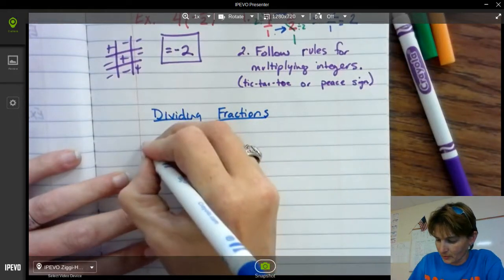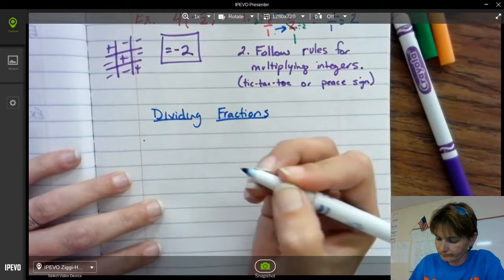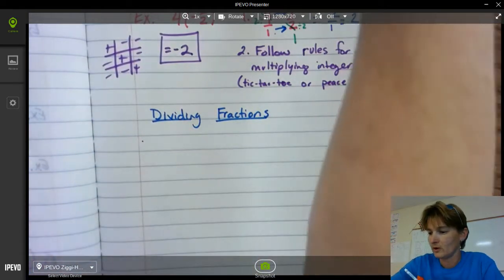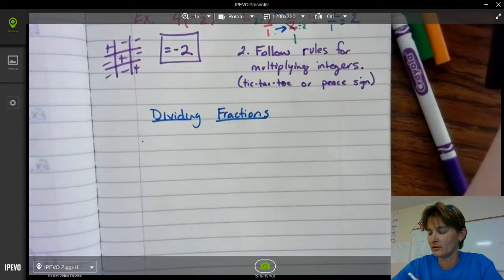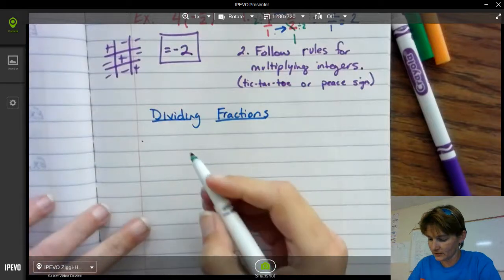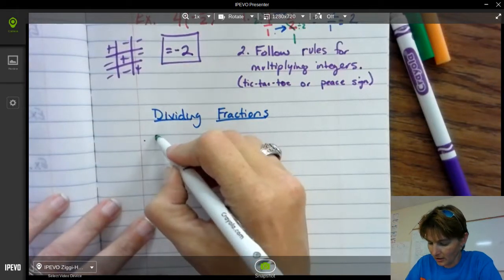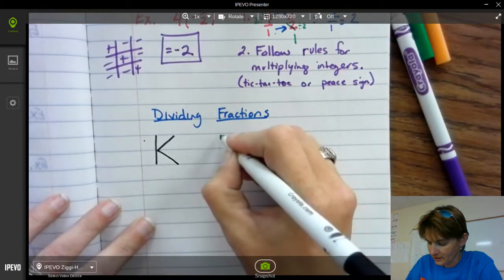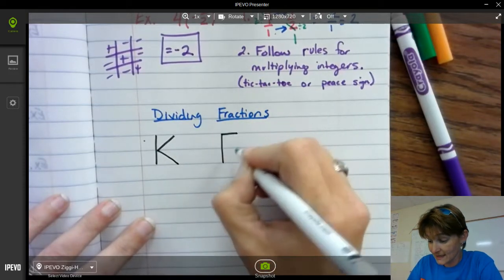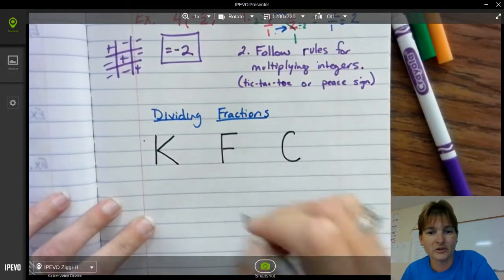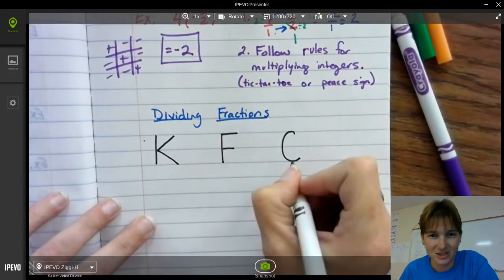So our first example, actually, no, we're going to write something else before an example. We're going to start with what I think the majority of you know, and if not, that is okay. I call it the KFC. Some people use KCF, but I like to use KFC because it reminds me of Kentucky Fried Chicken.